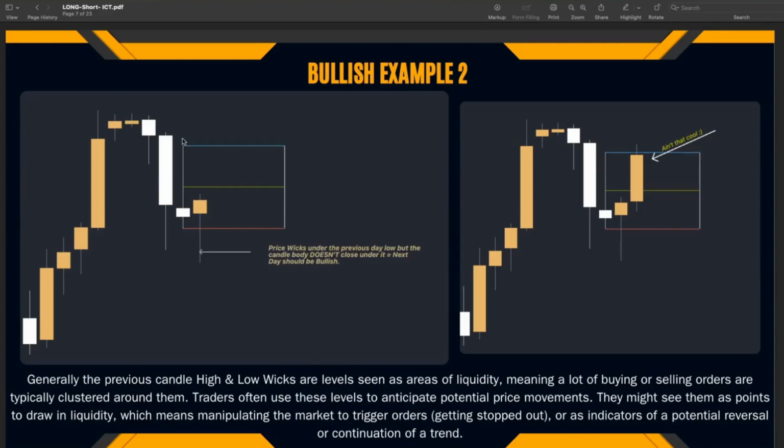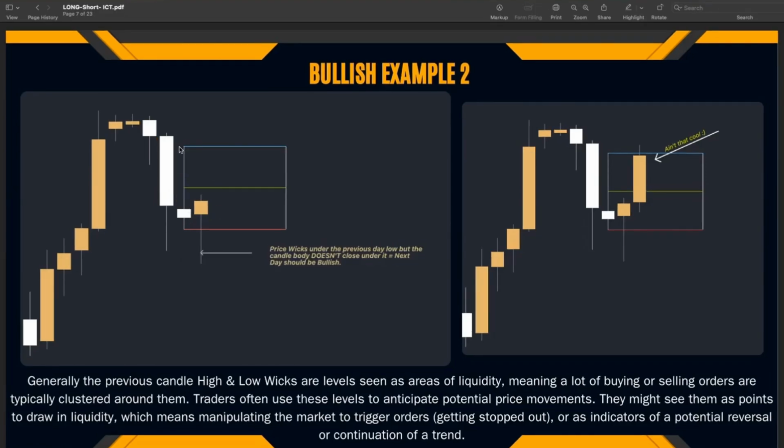So quickly, wick to wick, right? We draw a box wick to wick. Price took out the previous daily low, see, took it out, reversed back up, closed inside of the wicks or our box, and then the next day it turned out to be bullish, or we ended up having bullish momentum.